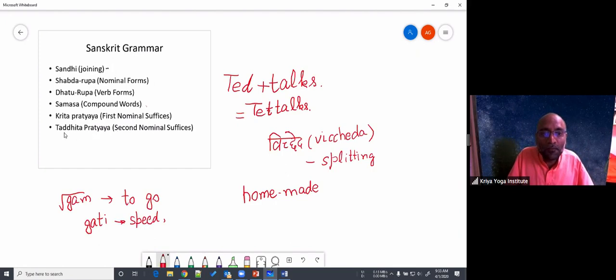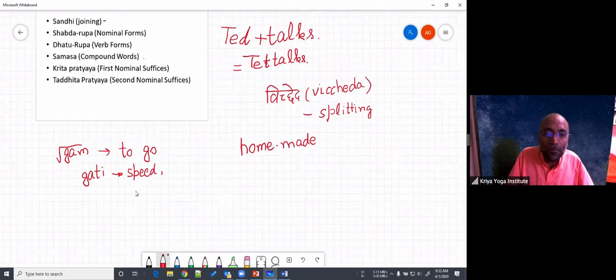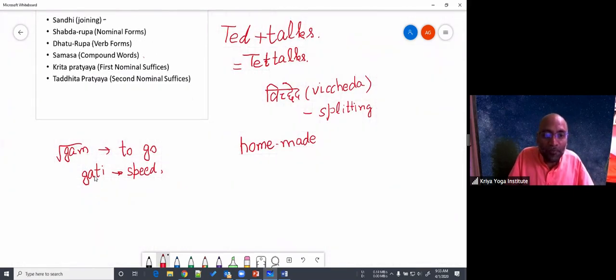Then tadhita pratyaya, that is the second nominal suffixes. That means I use the root word to make the first degree noun, and then to this noun gati, I add another set of suffixes.